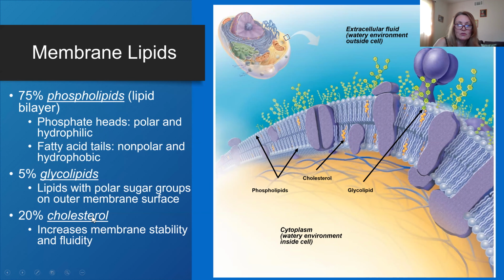20% is cholesterol, and cholesterol on this diagram is shown with this yellow molecule over here. It's 4 rings, right? A very distinct structure of the cholesterol, and cholesterol increases membrane stability and fluidity. And 5% are glycolipids. Those are lipids with polar sugar groups on the outer membrane surface.